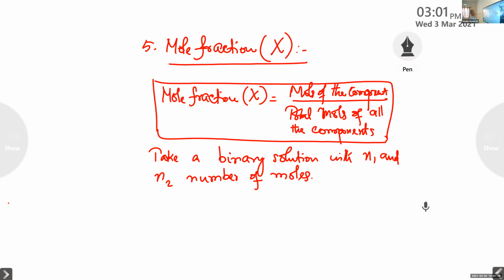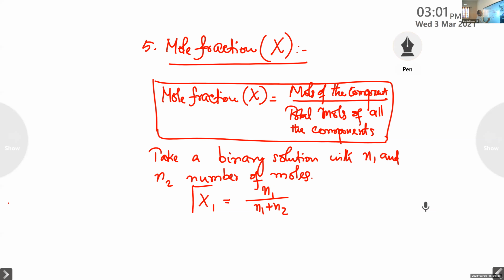So what will be the mole fraction of component 1? Mole fraction of component 1, x1, is equal to the number of moles of the component, n1, by the total number of moles of all the components. There are only two components, so n1 by n1 plus n2.